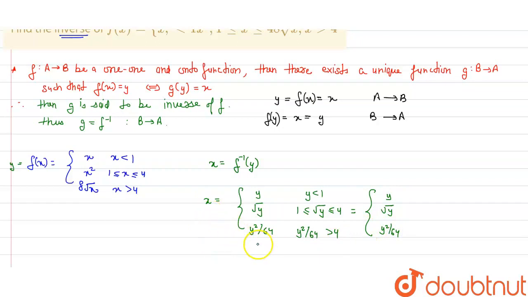What I did here: if I have 8 root x equal to y, then x is y square by 64. I put the value of x here as it is.